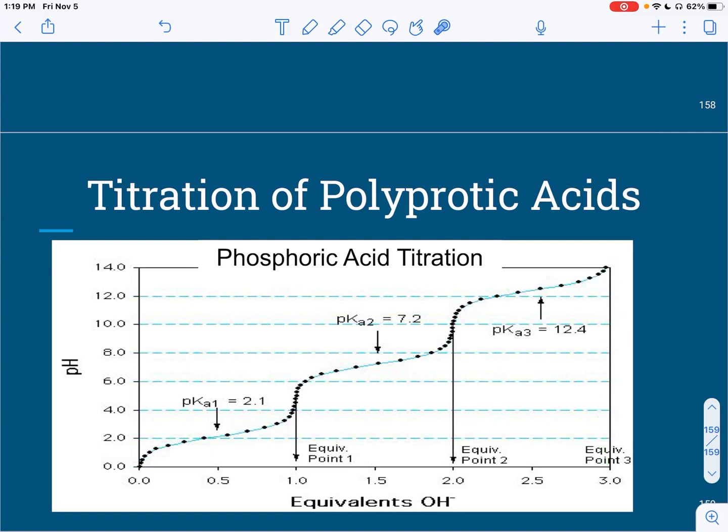Third H is neutralized. So I guess technically 3 equivalence points, but I meant just the vertical part when I said 2. And you can see that as you go up, the pKa gets bigger, which means the Ka gets smaller, and it means it's a weaker acid. So after they start losing their hydrogens, the polyprotic gets weaker and weaker.